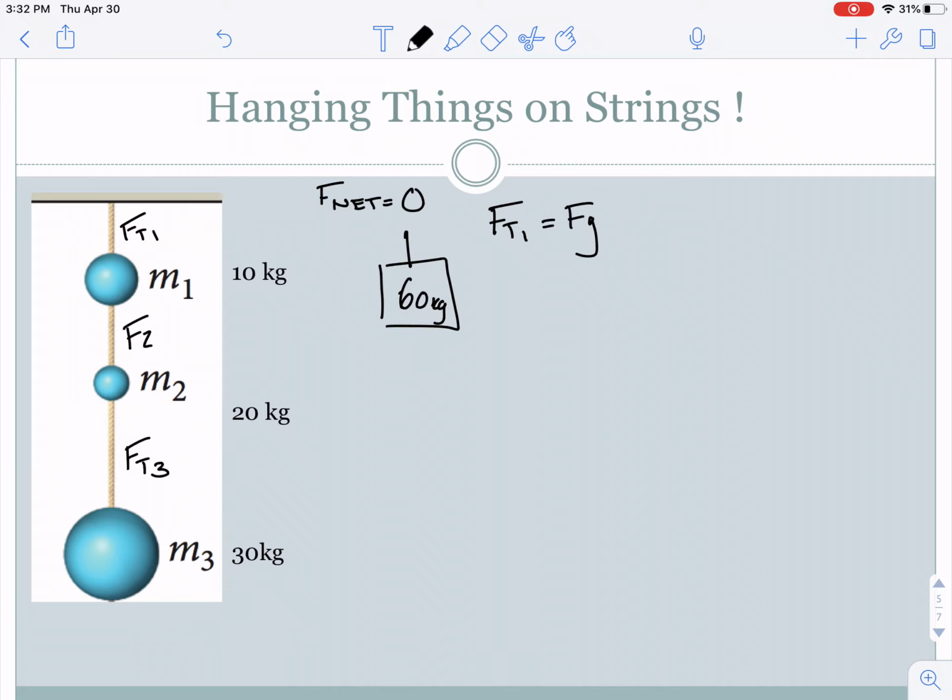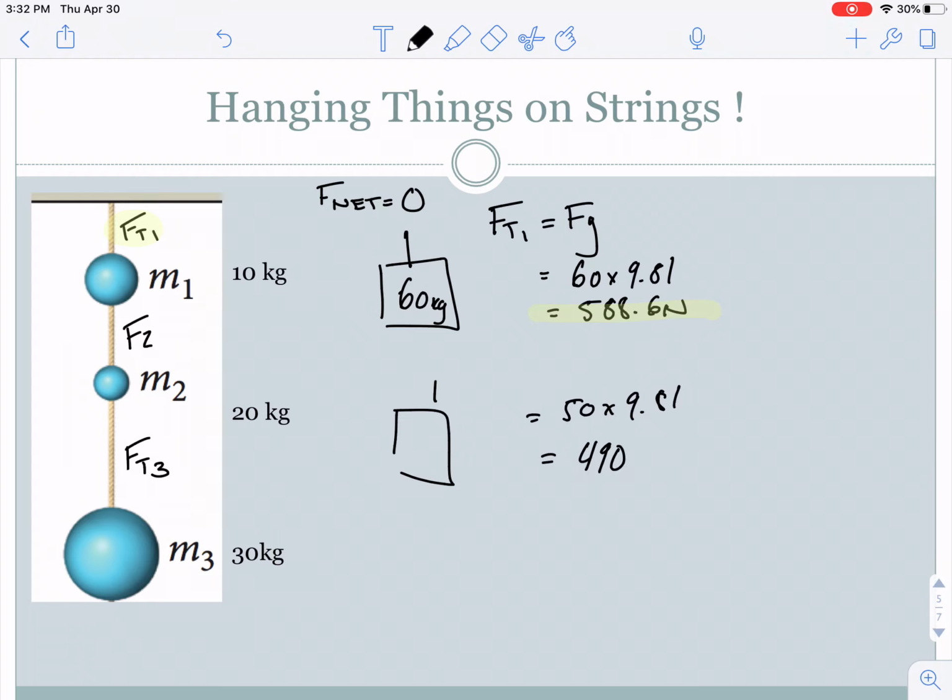So in this case, 60 times 9.81 is going to be equal to 588.6 newtons. So the tension force in FT1 is 588.6. Then we can just redraw again and say this has a 50 kilogram mass on it. We can say 50 times 9.81, and that's going to give us 490.5 newtons.